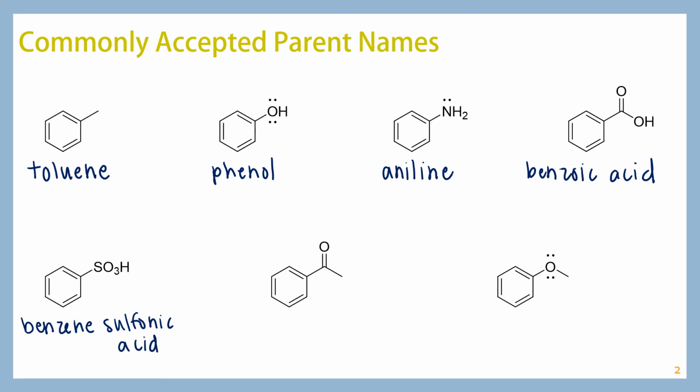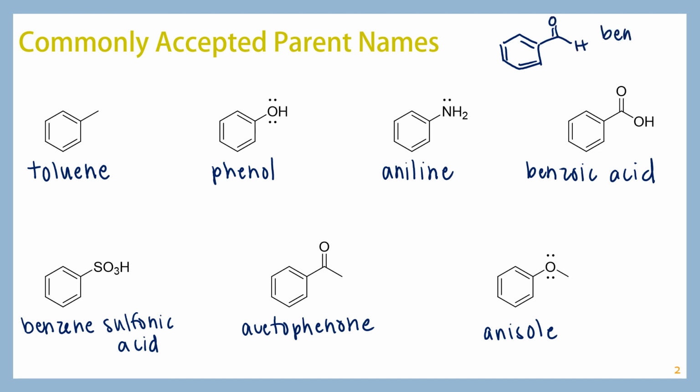The next one, this ketone, is acetophenone. And then when you have a methoxy substituent, it's called anisole. There's also another one that you already know, which is benzaldehyde. So again, flashcard these, you do need to know them and you will use them in your other aromatic names.